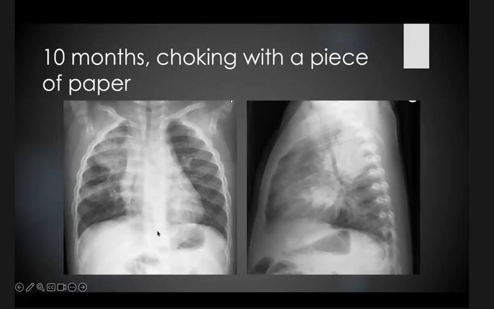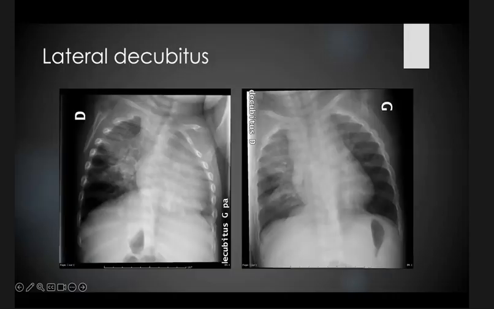It was in another center. They did left and right decubitus to see if there was air trapping, and they thought there was probably some air trapping on the right side because the lung was not collapsing well. So she was transferred to our center.